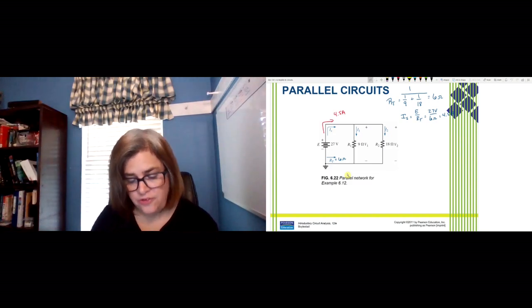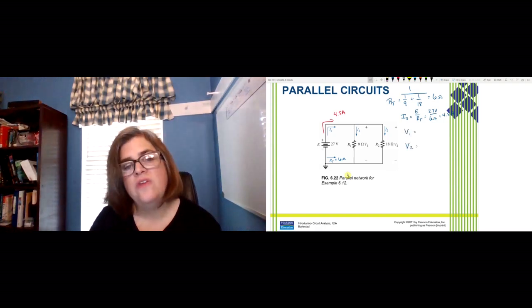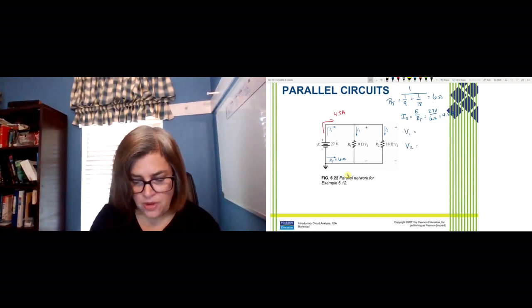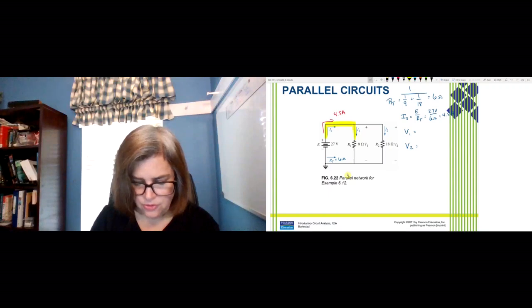Now, what else do we need to know? We need to know V1 and V2. So in this case, remember, our R1 and R2 are connected to the positive terminal of our voltage source, and they're also connected to the negative terminal of the voltage source.